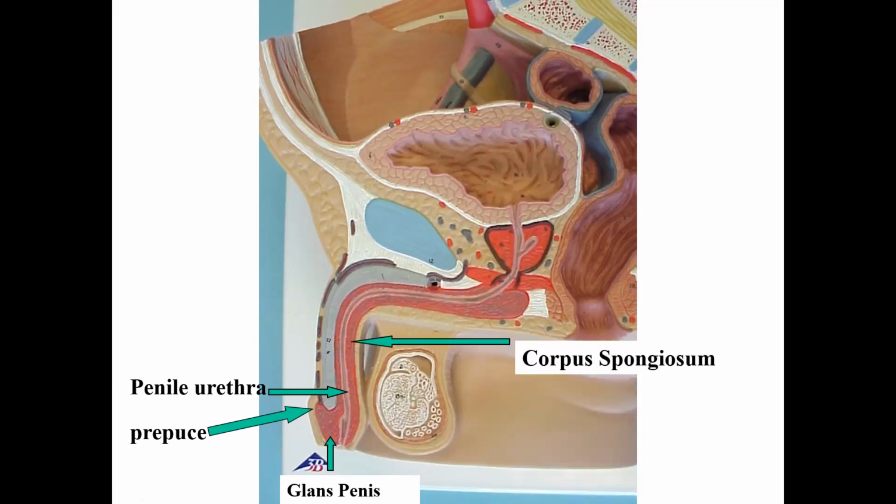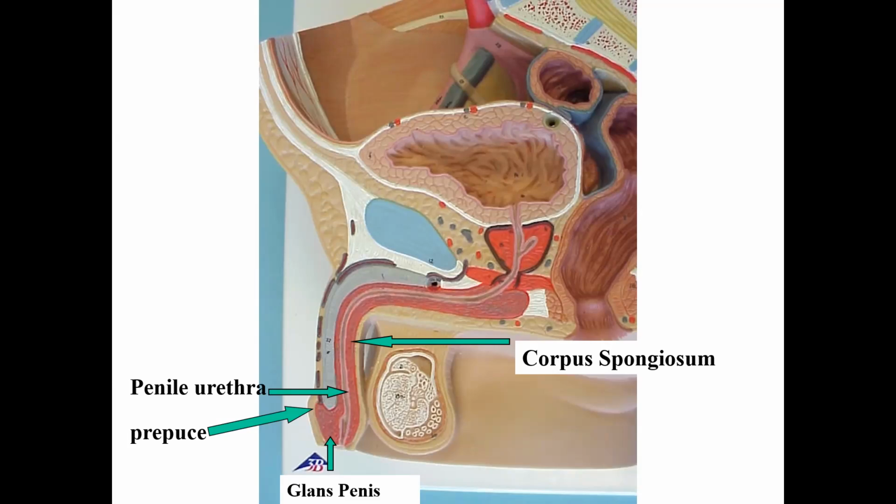Now, the structure that surrounds the urethra is called the corpus spongiosum. It is spongy tissue. When the male becomes sexually aroused, the arterioles that supply blood to the corpus spongiosum will dilate and more blood will flow in.